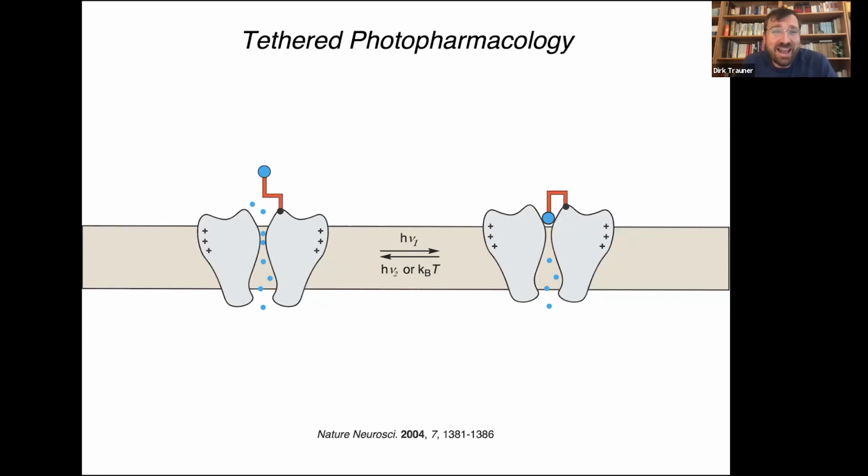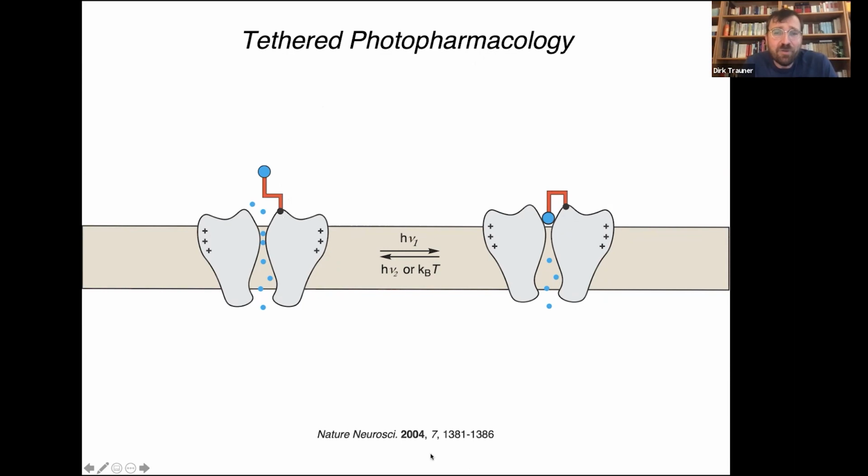But somewhat earlier than that, we actually initially tethered the blocker to the channel of interest. And that has one big advantage, namely that the tethering requires some form of bioconjugation, and this bioconjugation can be put under genetic control. In the simplest form, you can put a cysteine in there and do some cysteine chemistry, but as you will see, there are much cleaner and more exciting ways to covalently attach something to a protein of interest or nearby.